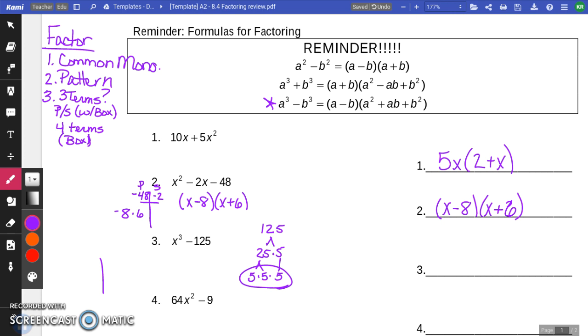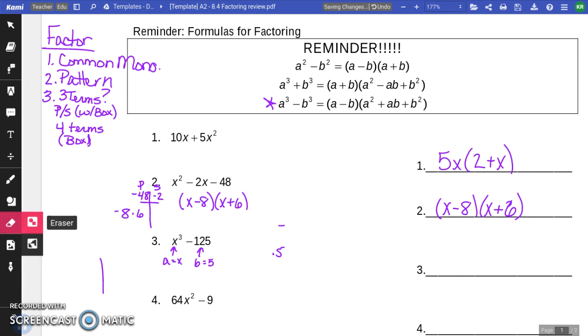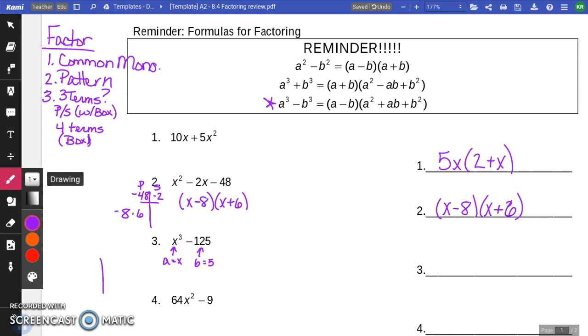Okay, so I have to identify my a. So my a is the x, and my b is the 5. Now you are just following that pattern that's up above in the box. So a cubed minus b cubed is going to be a minus b. Well, for me, my a is x and my b is 5, so x minus 5.